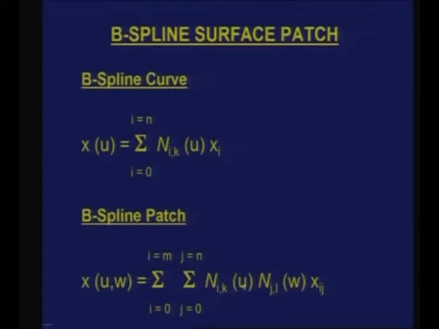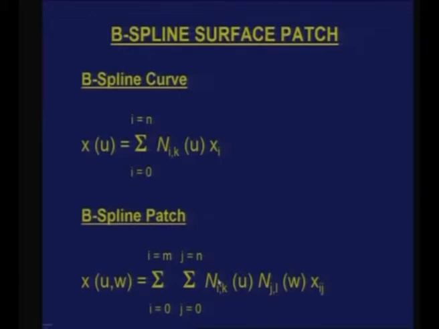But given, let us say, a B-spline surface patch, let us say I choose k and L both to be equal to 4, and let us say I have a large number of m and n points, let us say 15 and 20. Then if I change one of the control points, the shape of the surface will be changed locally.